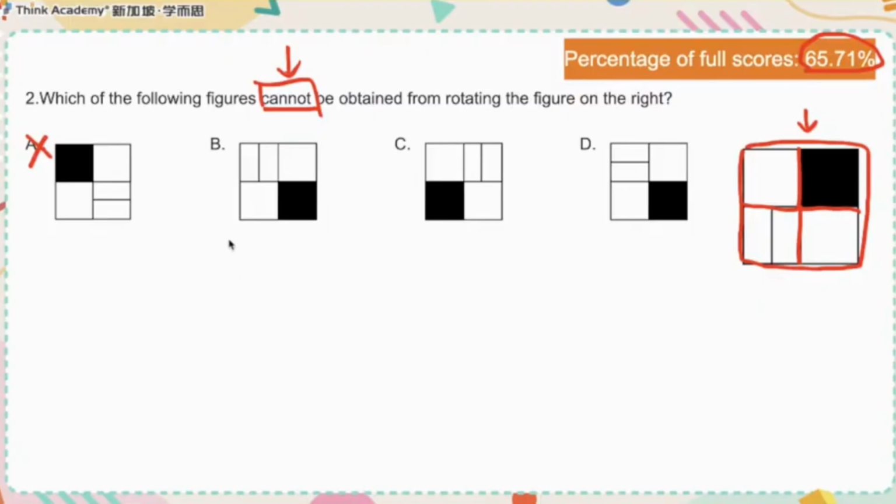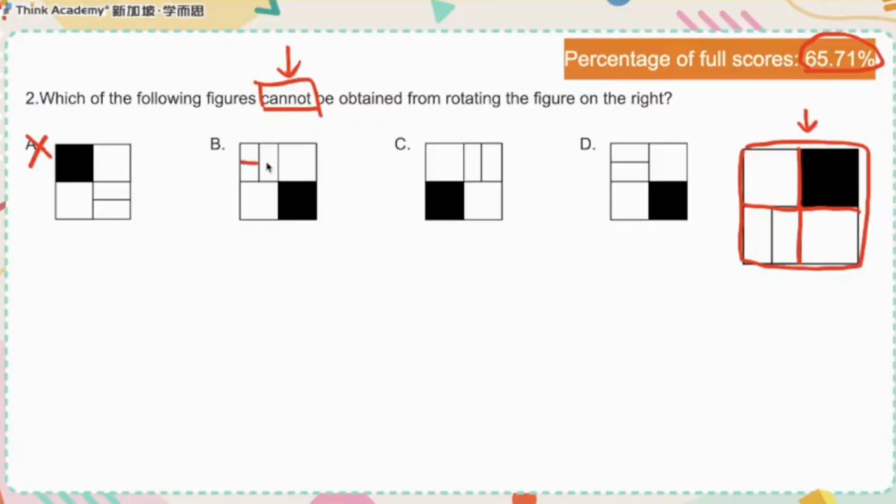How about option B? Let's see. Show me your hands, just like this. We want to have the black part here. Then, does it look like this? If the black part is on the bottom right side, then how will the figure look?